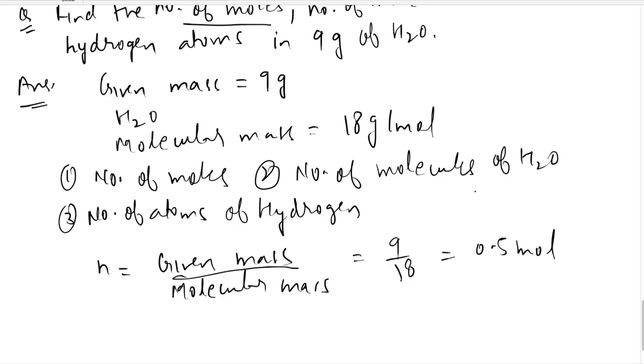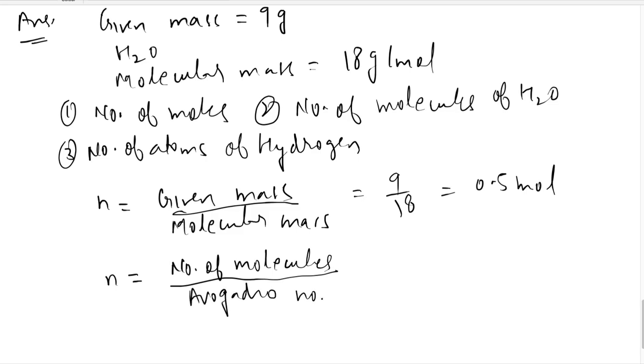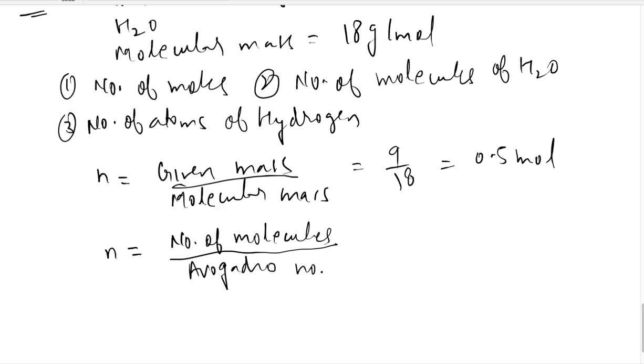Secondly, the number of molecules. We know another formula for the number of moles when the number of molecules is given, which is n equals number of molecules divided by Avogadro number. So in this case, number of molecules would be n multiplied by Avogadro number.